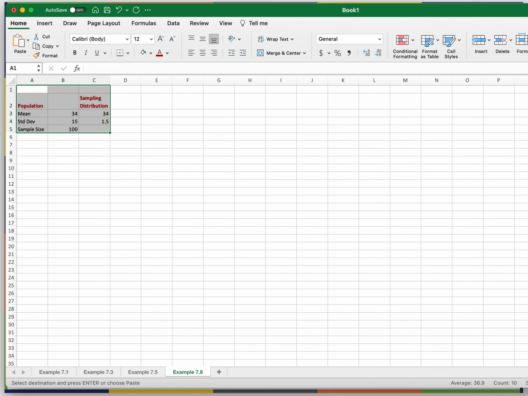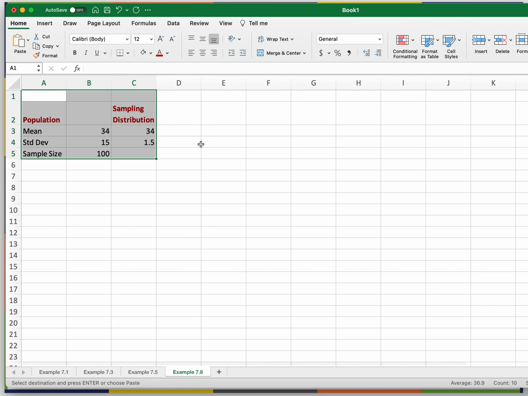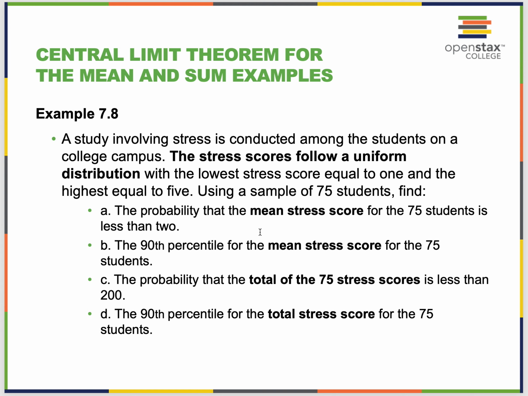Let's make it so we can read it. And what do we have? What's our mean? The probability. So it's a 1 to 5. It's a uniform distribution. Do we know what the mean and standard deviations are for that? We have to find that out.